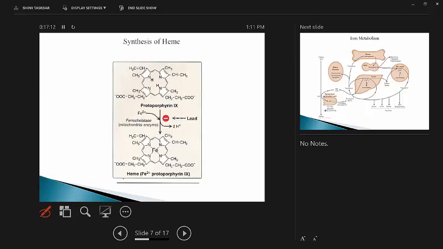The methyl groups and these ethylene groups and all of these are different than they are in the hemes found elsewhere. Where have you seen hemes already in the first semester?